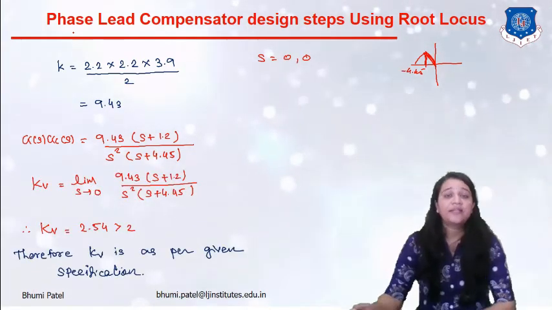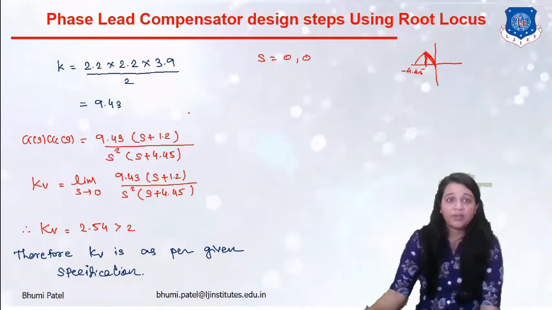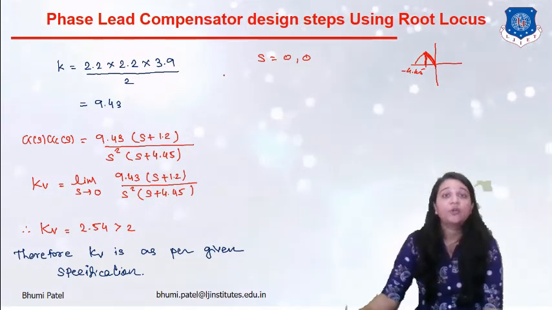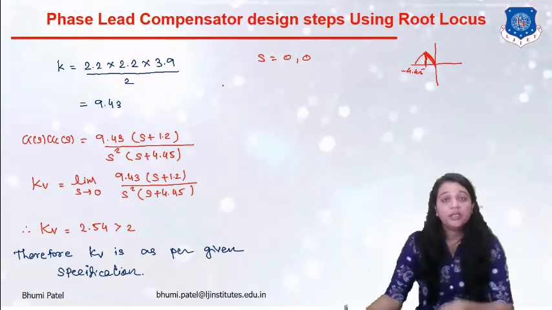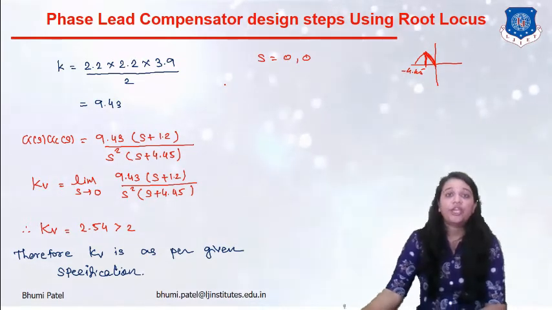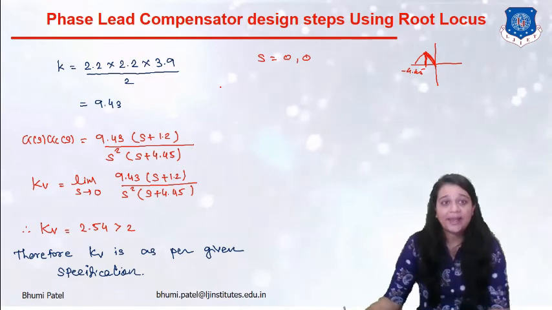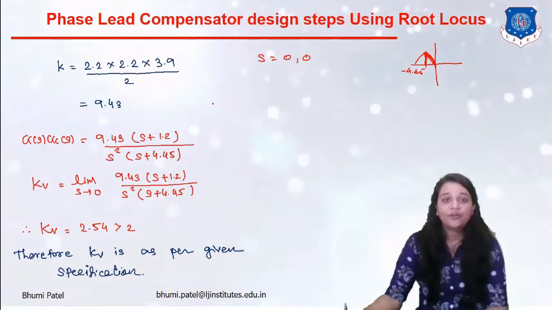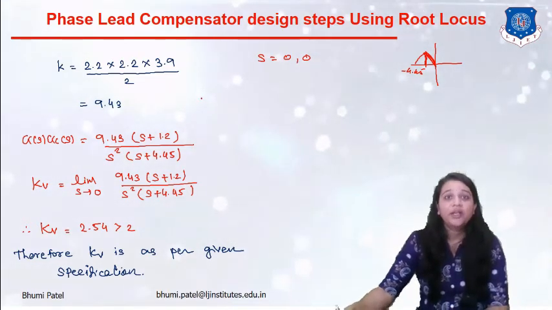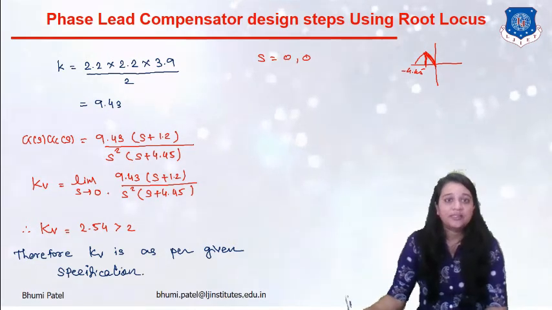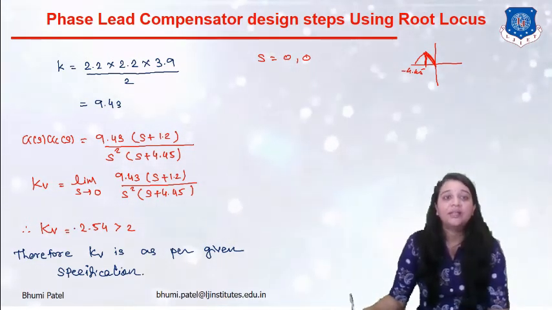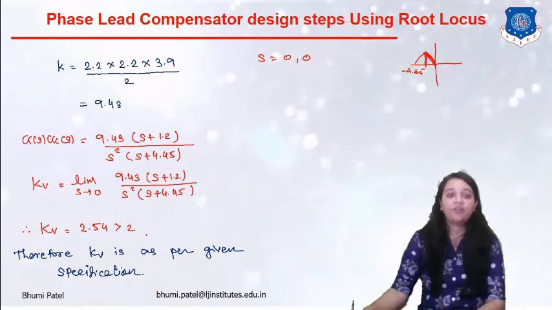Okay, so now next we have to find the value of KV. KV is equal to limit S tends to 0 of 9.43 in bracket S plus 1.2 upon S square S plus 4.45. Now put S is equal to 0 in this equation, we get KV is equal to 2.54.